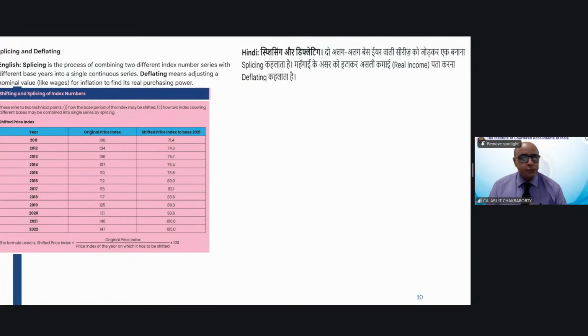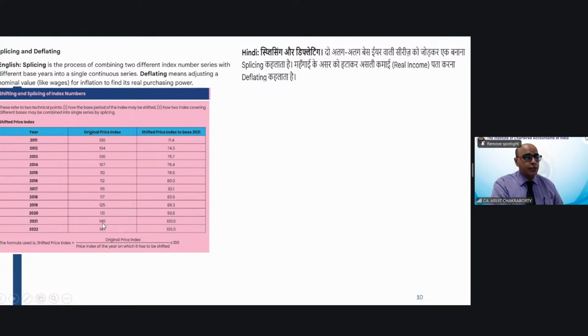So maybe the government decides to shift the base year from 2011 to 2021, यानी शिफ्ट होगा. Accordingly, in the last column आप देख सकते हो shifted price index, but this time it is calculated on the base of 2021.